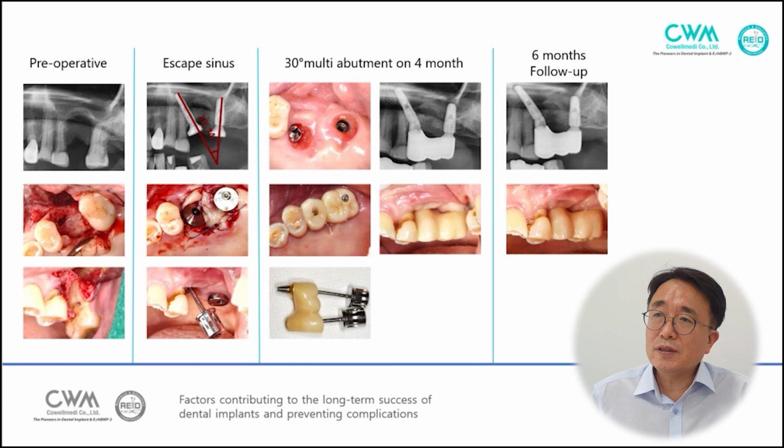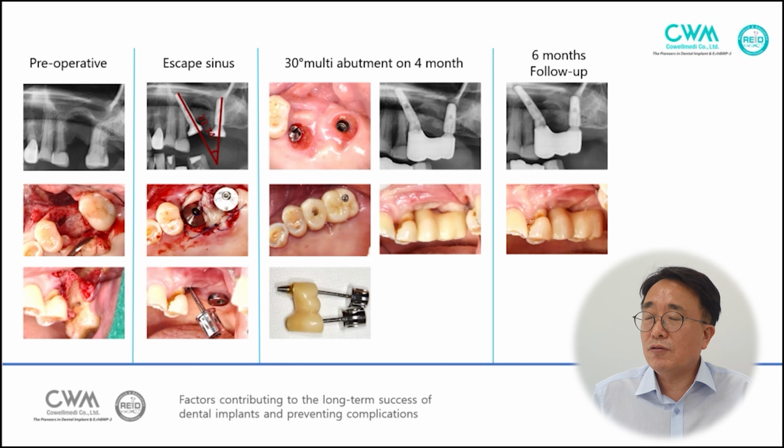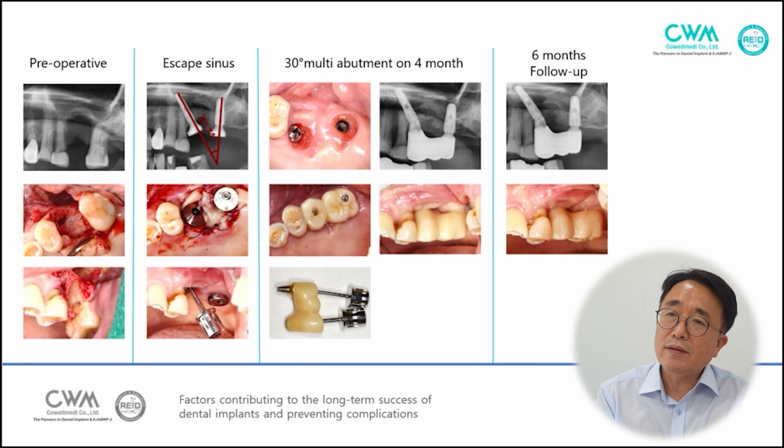But if you use a casting metal framework, the connection between the implant and the casting metal is not correct, and there is no shock absorption instrument. In the multi-unit abutment case, we have a cylinder and a cylinder screw.